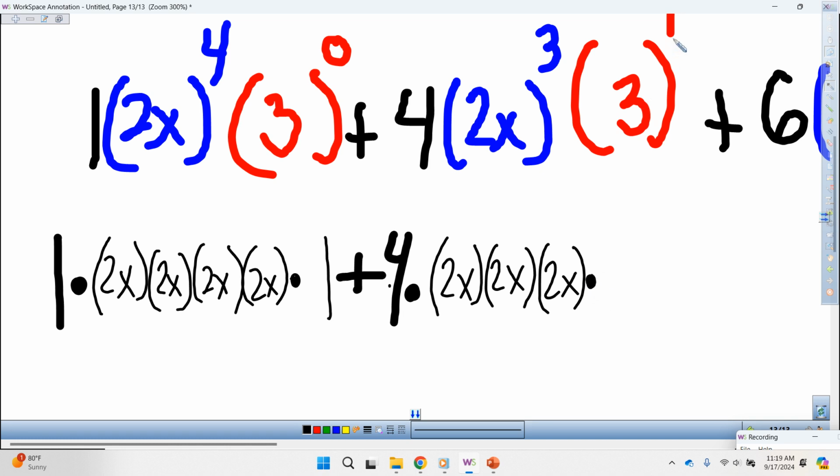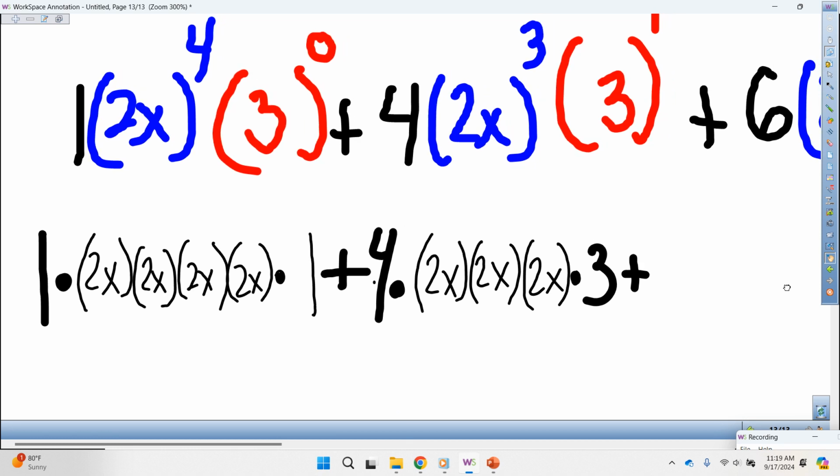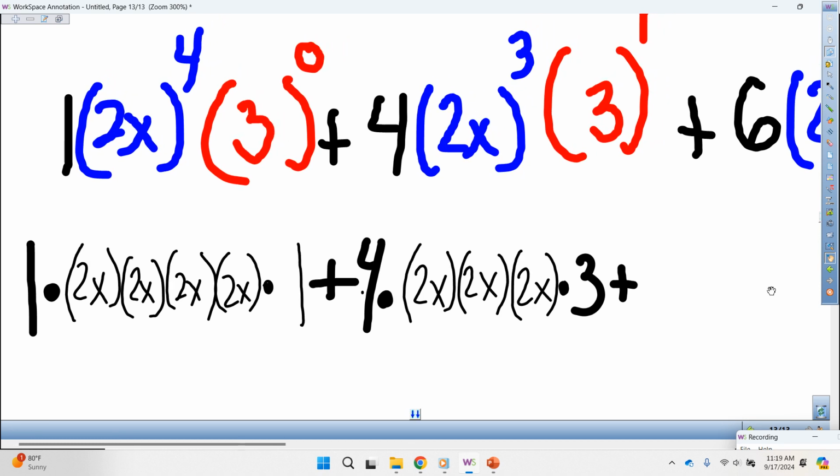What is 3 to the 1st power, everyone? 3. So you just write a big 3 right there. Plus, bring down the plus sign. Are we there? All right.